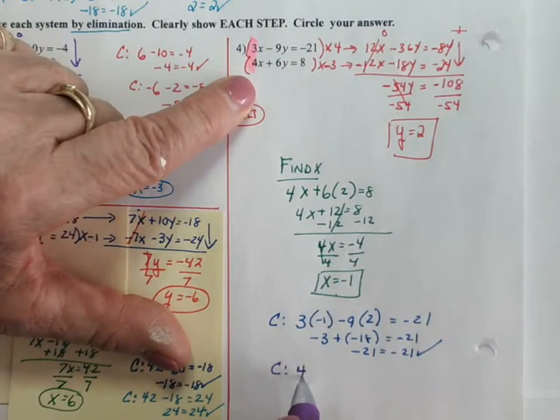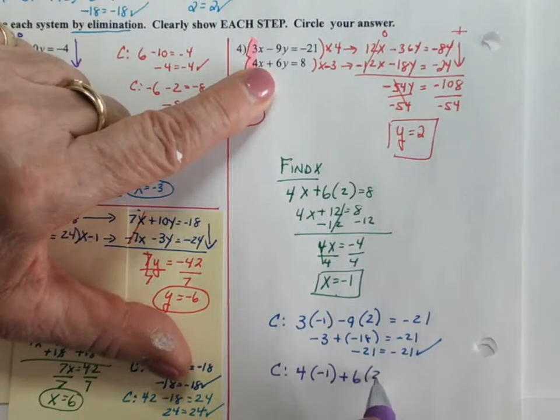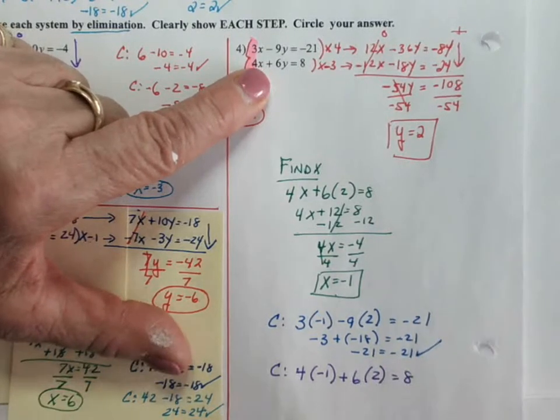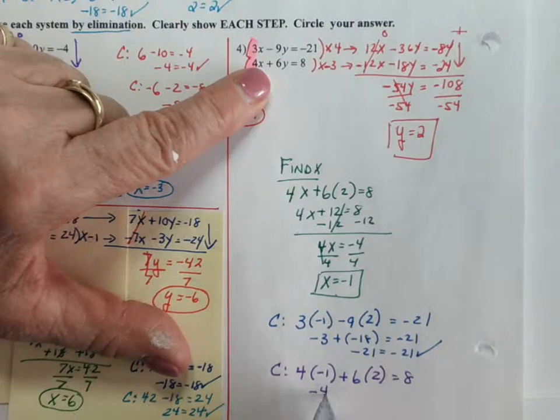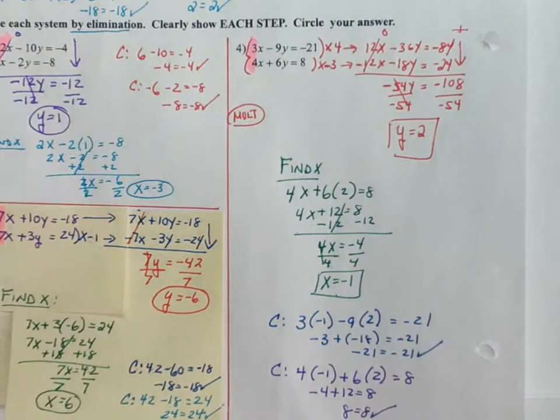So here we have 4 times x, negative 1, plus 6 times y, 2, equals 8. Negative 4 plus 12 equals 8, and 8 equals 8, cha-ching, it checks. So that is the multiplication method.